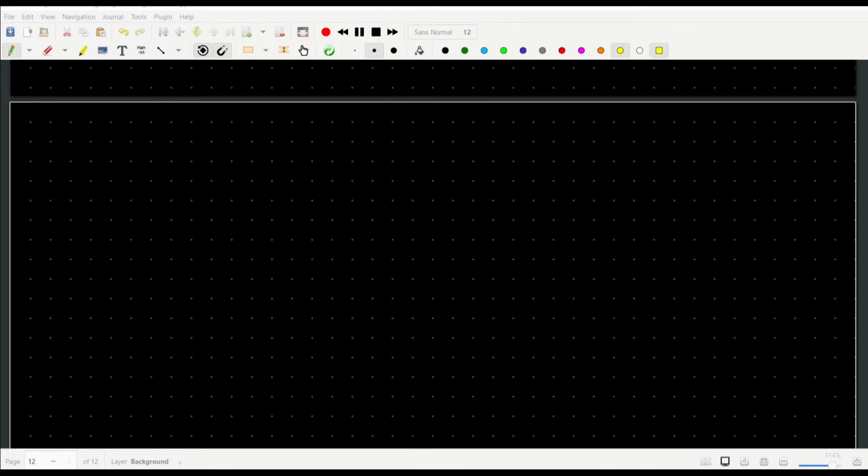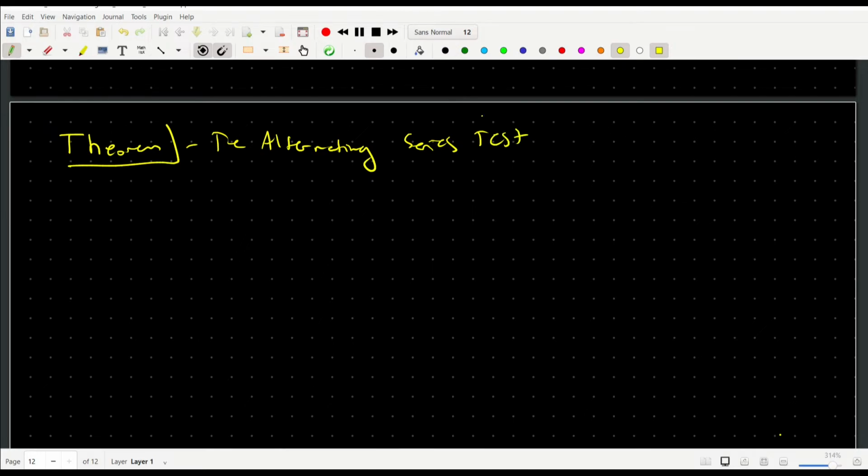So I showed you before that the alternating harmonic series converges to the natural log of 2. And we actually have a much stronger theorem called the alternating series test, which codifies this very nicely in terms of a general test.